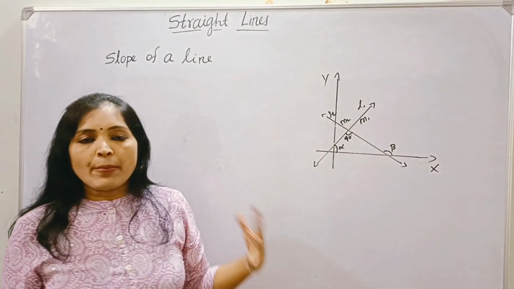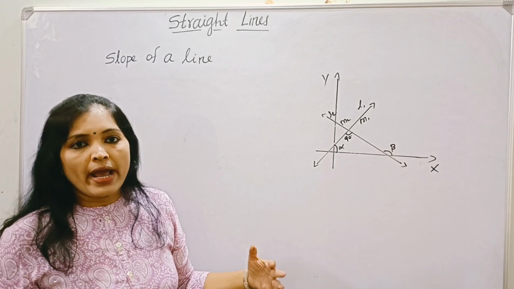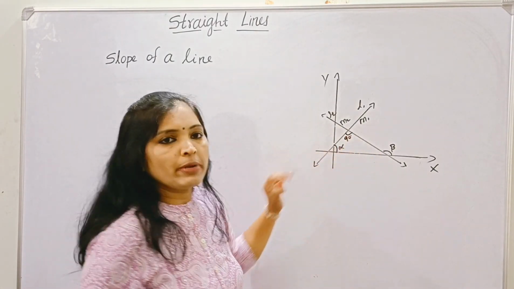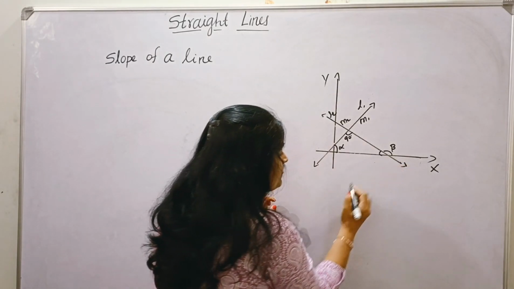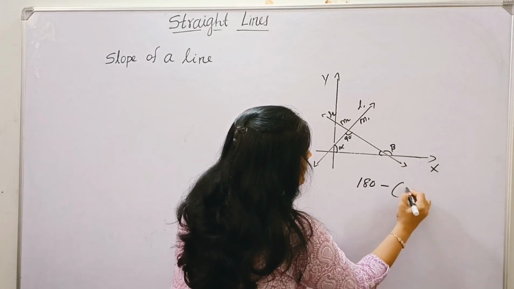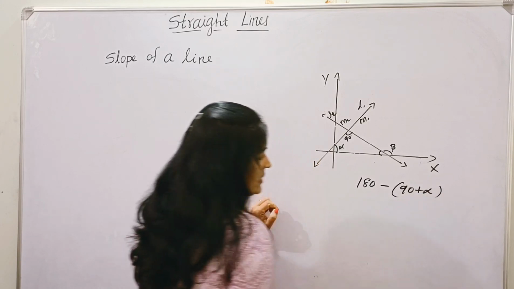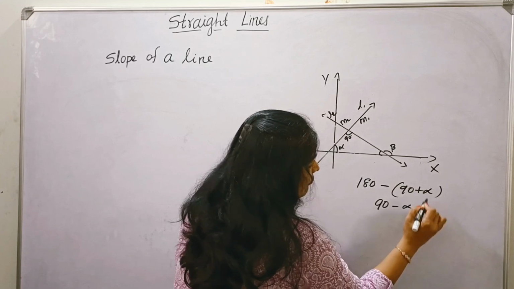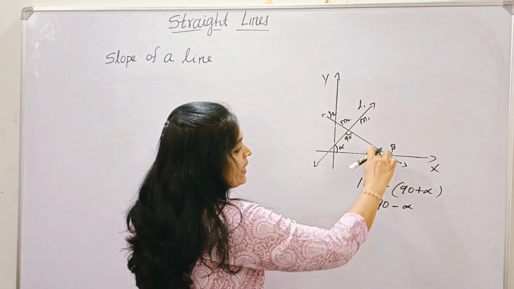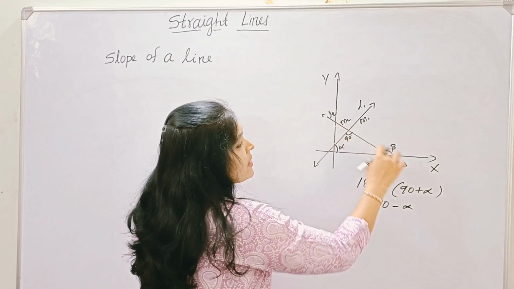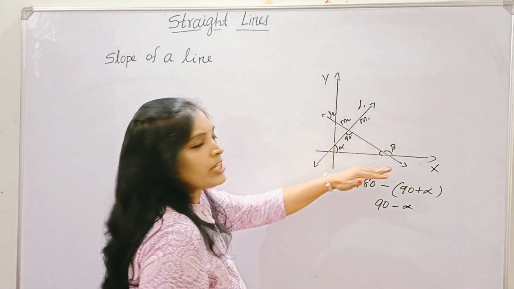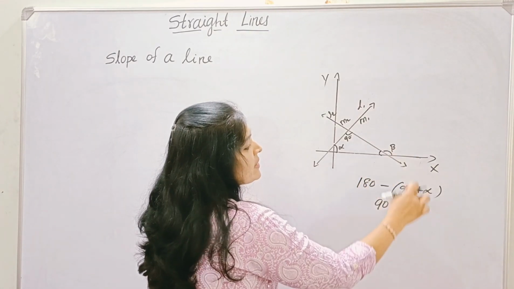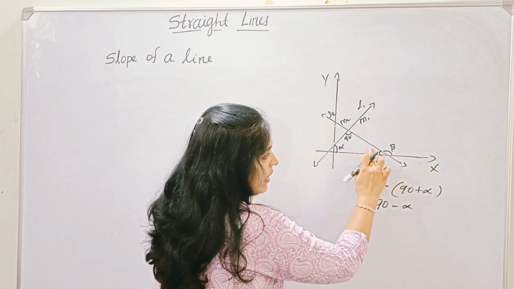Since the sum of interior angles of a triangle is 180 degrees, this angle is 180 minus (90 plus alpha), that is, 90 minus alpha.